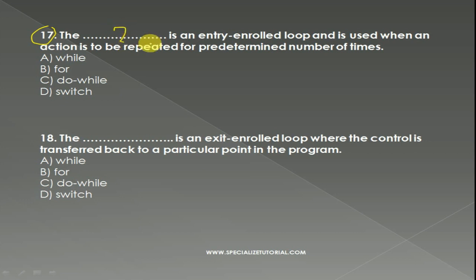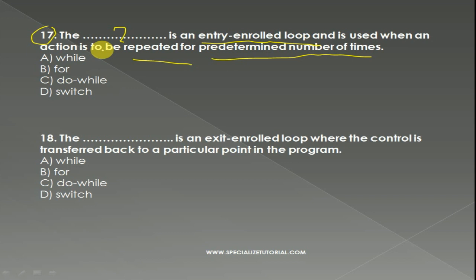Now take question number 17: what is an entry controlled loop, used when an action is to be repeated a predetermined number of times? The loop commands are while, for, do while, and switch.